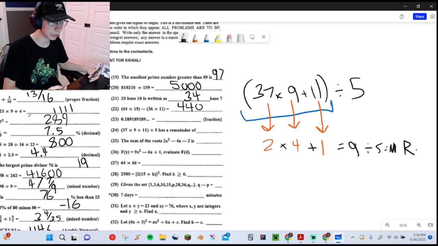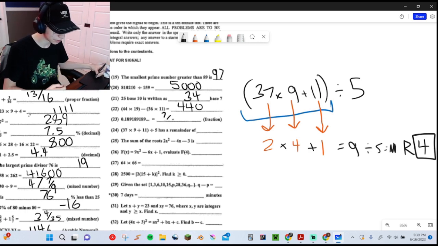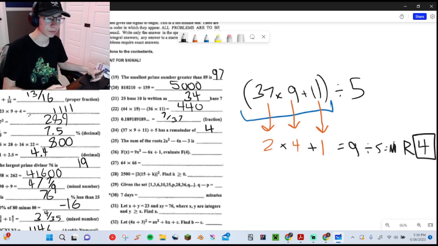But we care about the remainder. Remainder being 4. Oh, I forgot to write this right here. And so that's kind of how we use modular arithmetic.